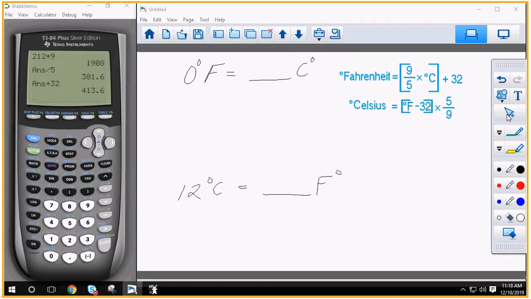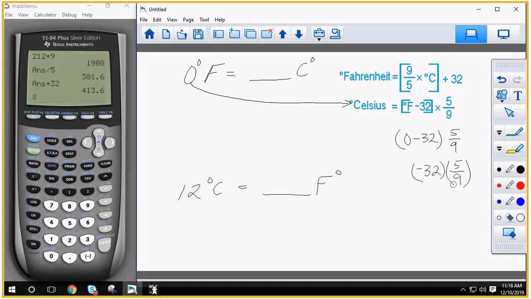All right, so I'm given 0 degrees Fahrenheit, so I'm going to plug that 0 degrees Fahrenheit into that equation. 0 minus 32 times 5/9, negative 32 times 5/9.